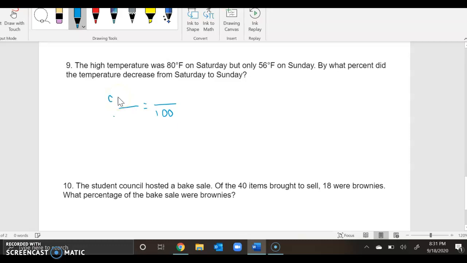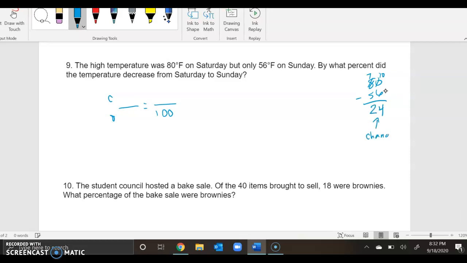So we have to do change over original, which means our first step, we have to subtract 80 and 56. Cannot take 6 from 0, so we have to borrow. 10 minus 6 is 4. 7 minus 5 is 2.